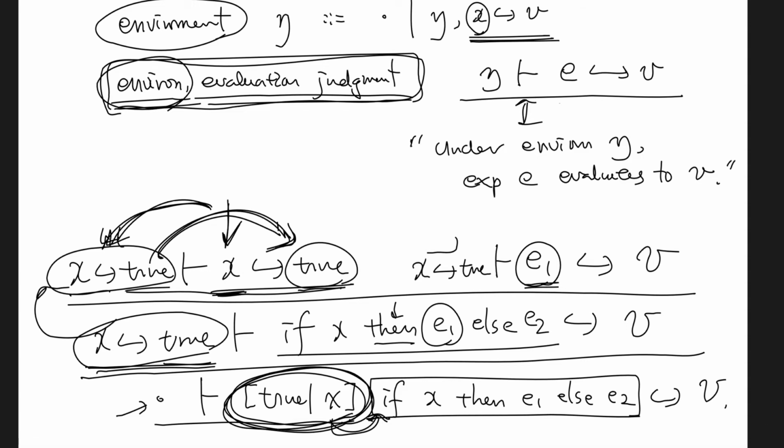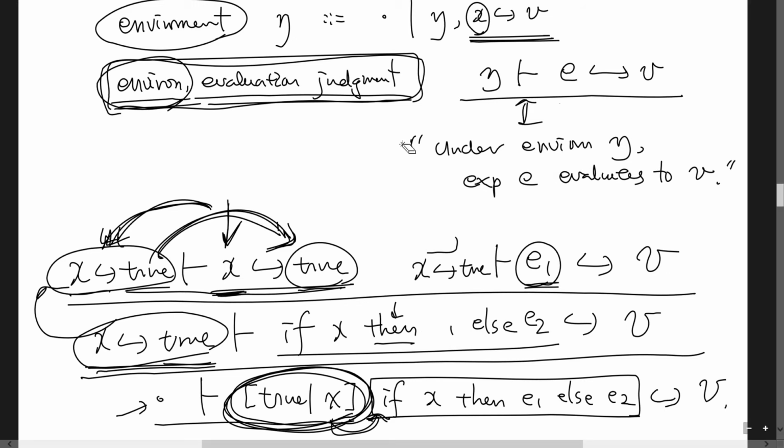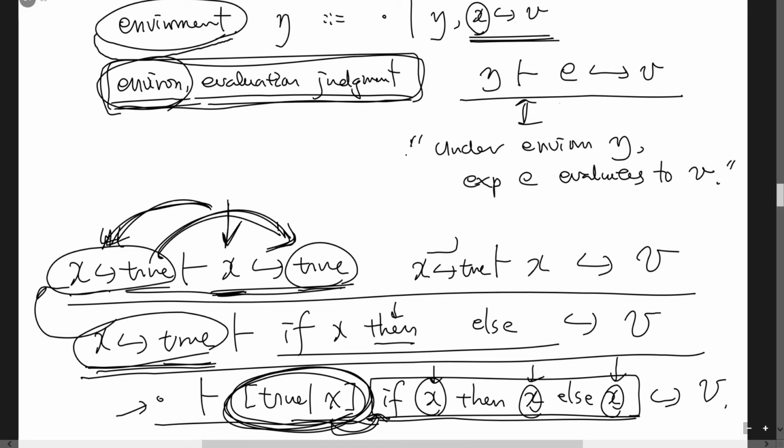And moreover, let's assume that this expression e1 and e2 are both variable x. If we perform substitution in the previous style, we have to replace this variable x 3 times, this one, and this one. But if we take advantage of this environment semantics, what happens is we replace this variable x only when necessary.